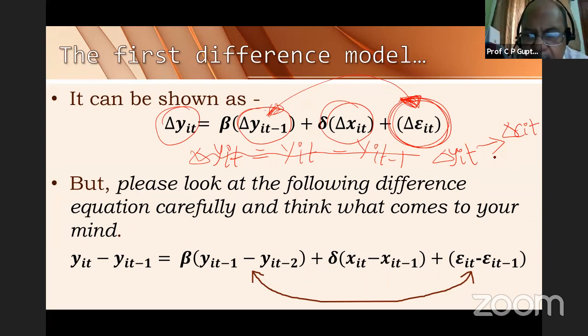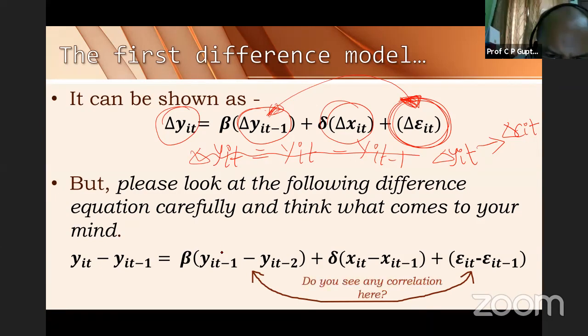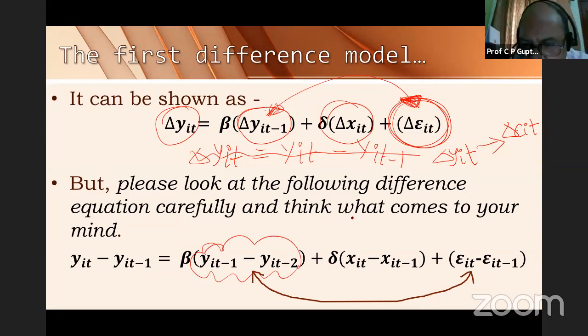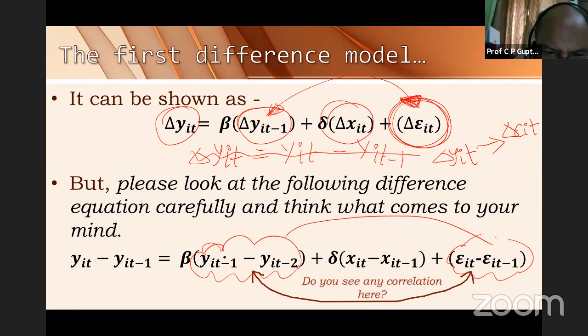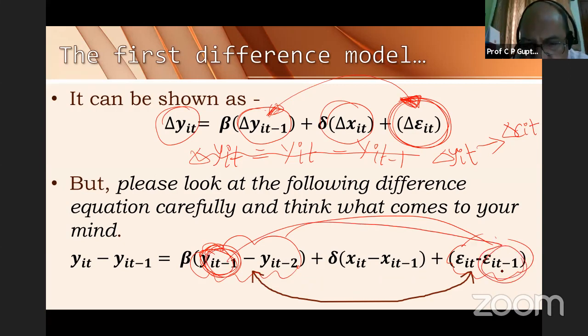Our model will still have an endogeneity problem because this change will have correlation with this. And why correlation? Because this Yi,t minus 1 is correlated with ui,t minus 1. And that leads to the problem of endogeneity.